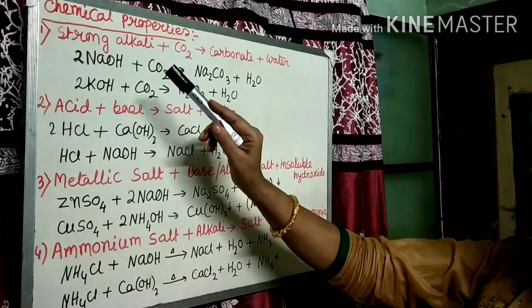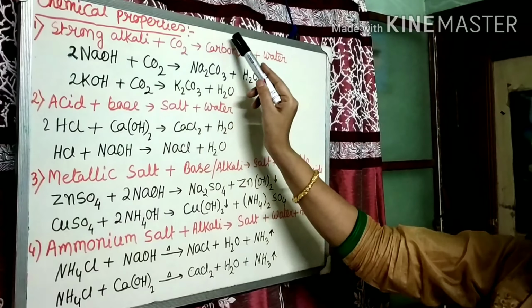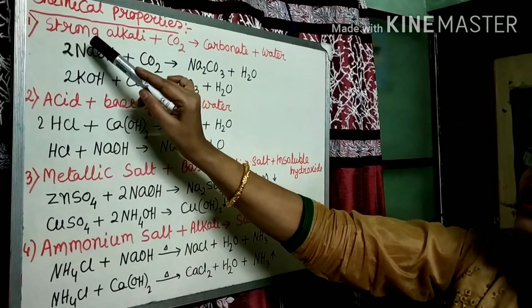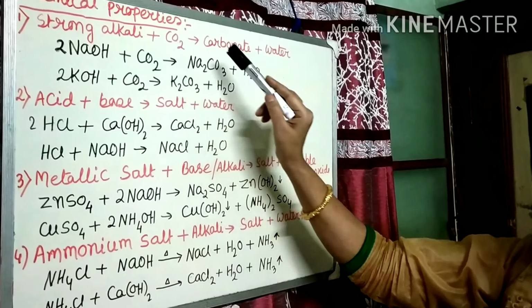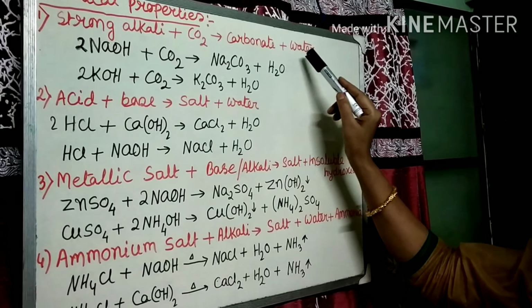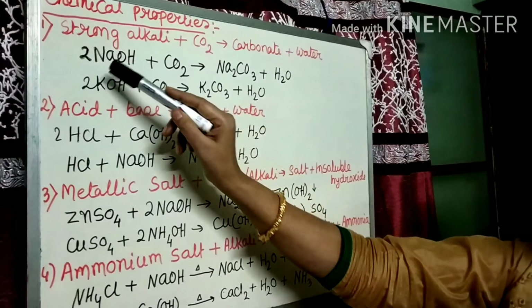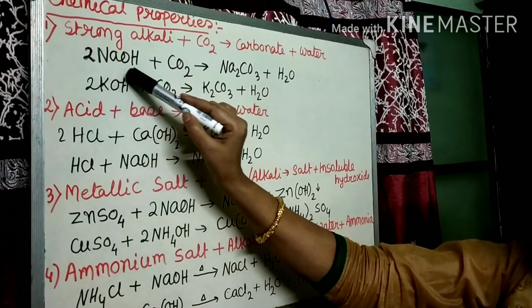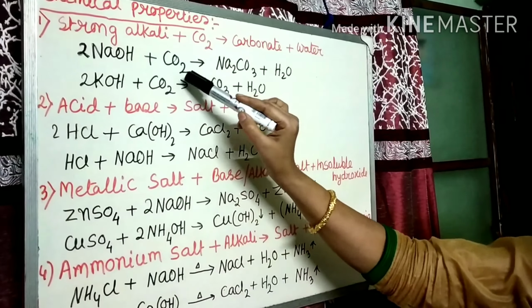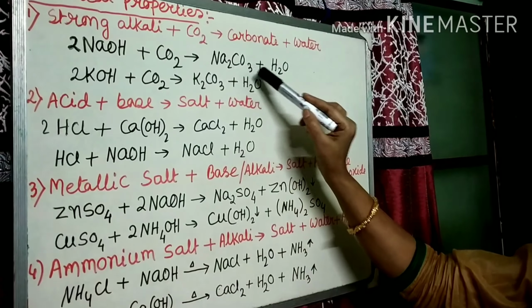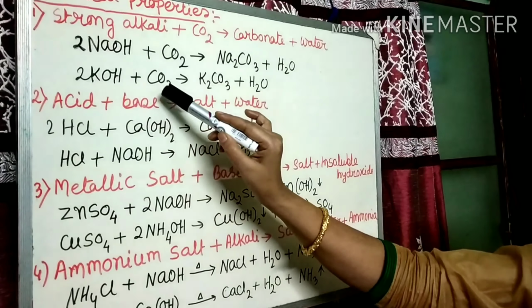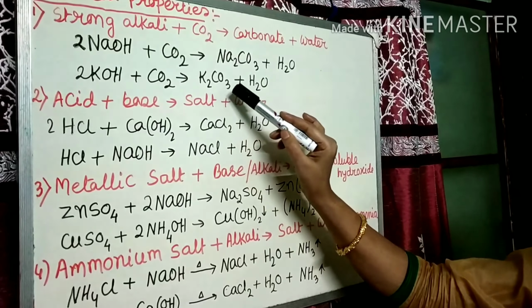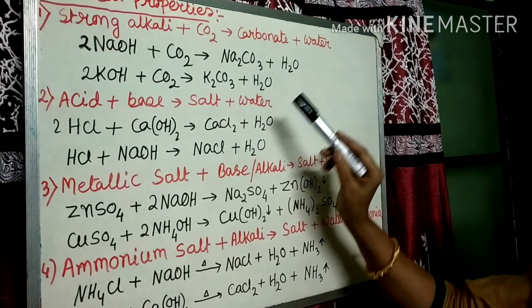Now we are going to know the chemical properties of bases. First, when a strong alkali reacts with carbon dioxide, then carbonate and water are formed. See example, NaOH plus CO2 gives Na2CO3 plus H2O, KOH plus CO2 gives K2CO3 plus H2O.